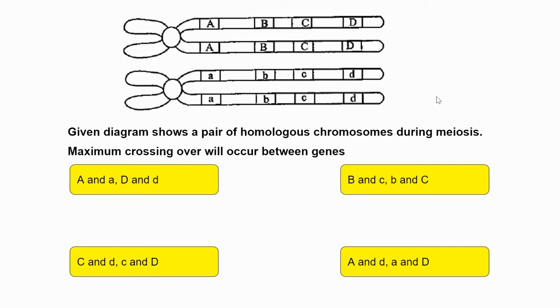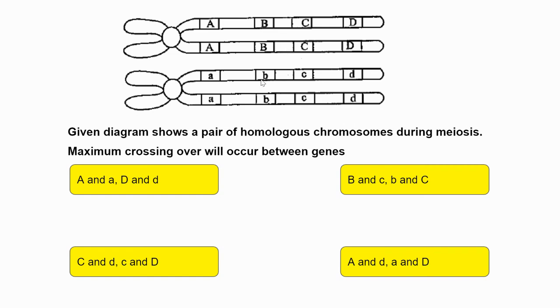Now I have to tell which gene pairs have maximum chances of getting recombined. Okay, so A and B is a gene pair, B and C is a gene pair, C and D is a gene pair, and A and D is also a gene pair, A and C is also a gene pair. Now I have to tell the chances of this non-sister chromatid swapping genes with this non-sister.